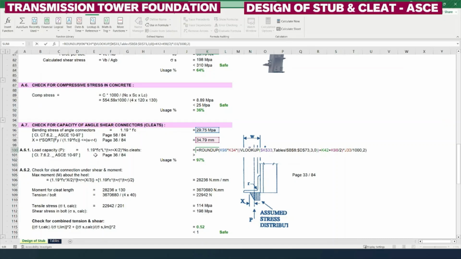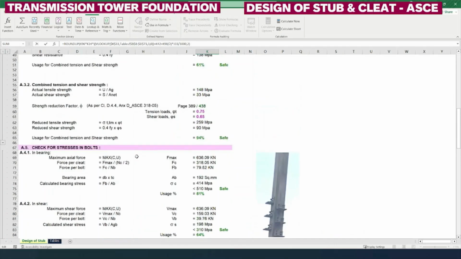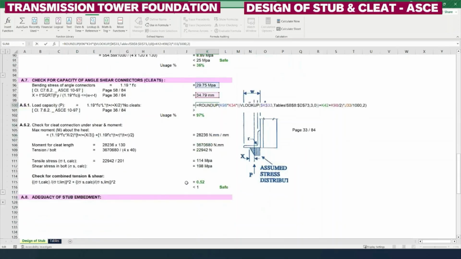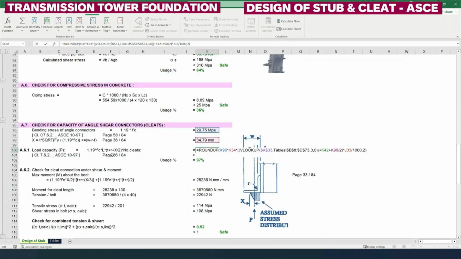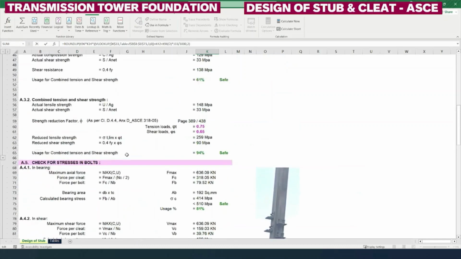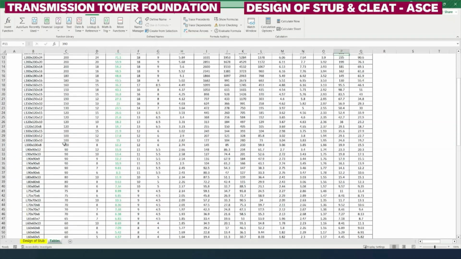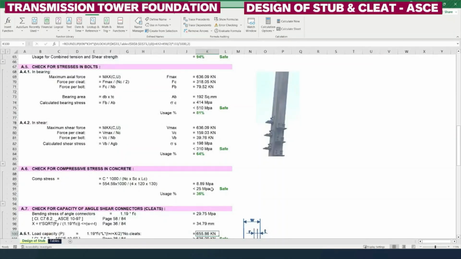So we know that 1.19 Fc equals 29.75 megapascal, multiplied by the length of 130 mm, which we consider here as the length of the cleat member. T is the thickness of the cleat angle, 12 mm, and the root radius we know is 13 mm from the table which is extracted.